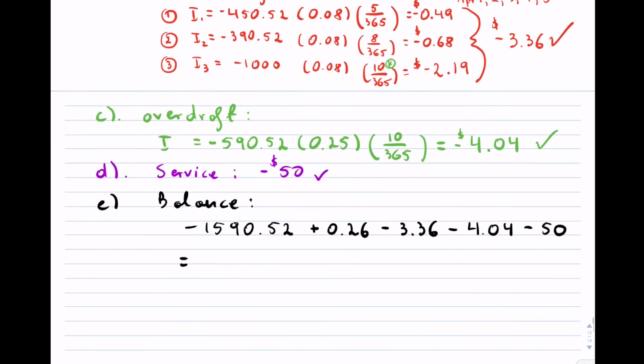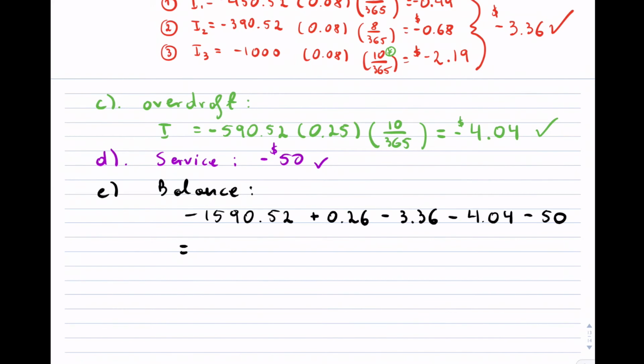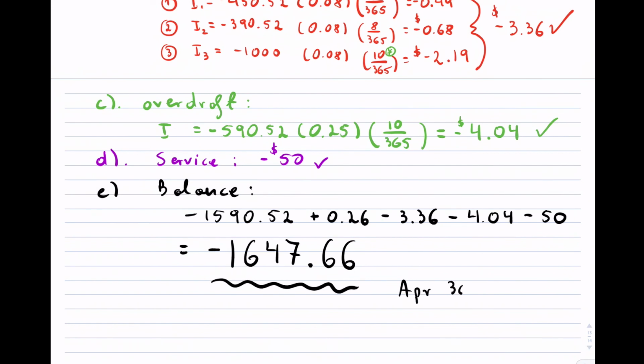So when we add it all up together and subtract it all, we will get negative 1647.66. So that would be our balance on April the 30th.